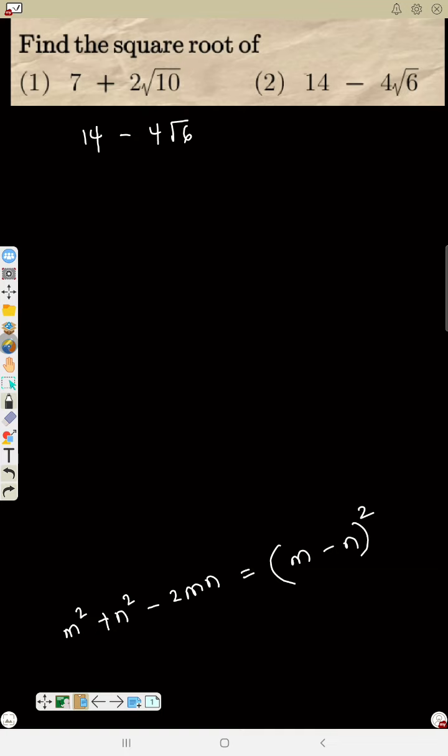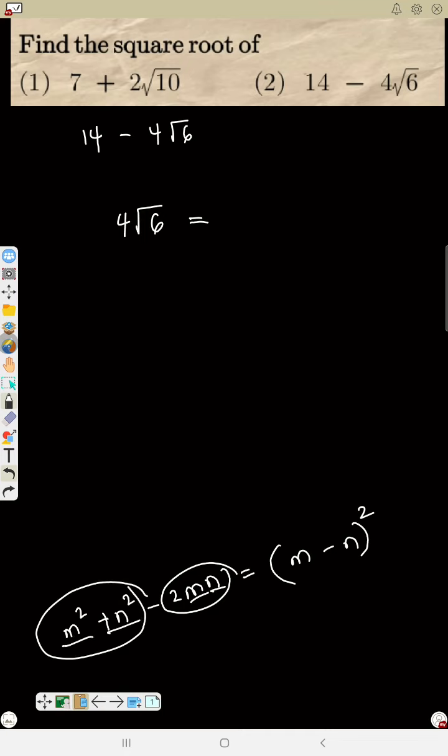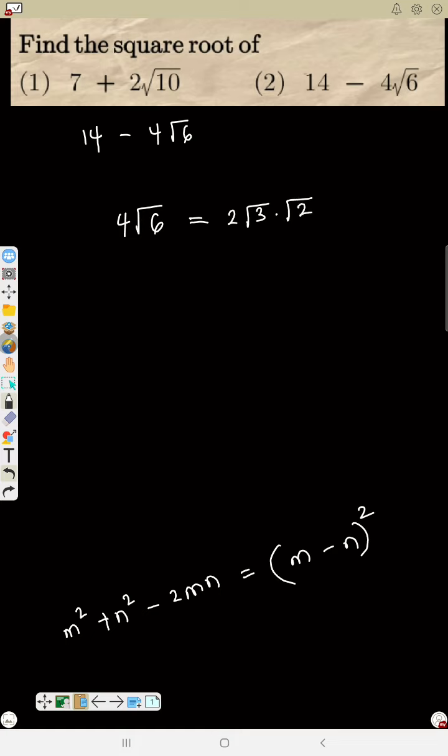this 4 root 6 here is the one that will determine what I will do, because I need to get the m and n, the ones I will square here as m square and n square. So that means to do that, 4 root 6 is the same thing as 2 root 3 times root 2.